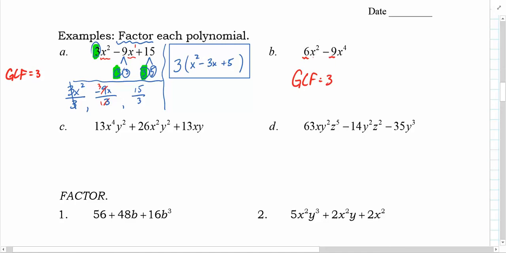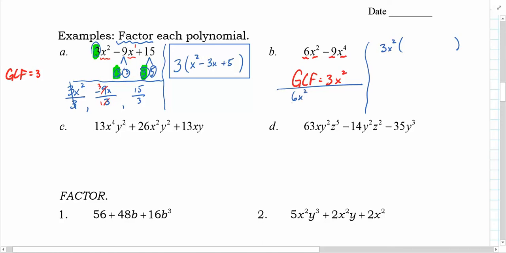And also using our exponent shortcut, the smallest exponent that's common to both of these variables is 2, so I know that 3x squared is my GCF. With that in mind, I will list the GCF out front to the left of our set of parentheses. I want 3x squared, and then I'll show what's left behind after each piece is divided.